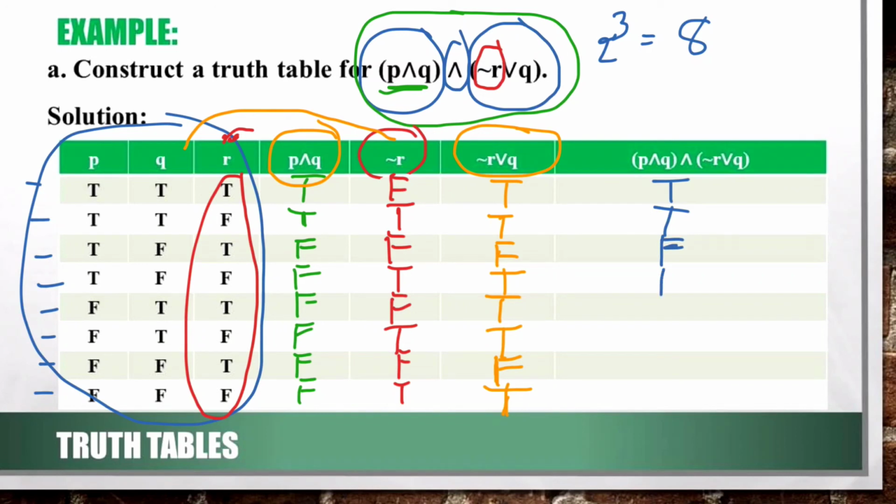False and true, it is false. Kasi the only way para maging true ito, kapag ang connectives ay and, it should be both true. False and true, it is false. Next is false and true is false. False and false is false. And then false and true is false.